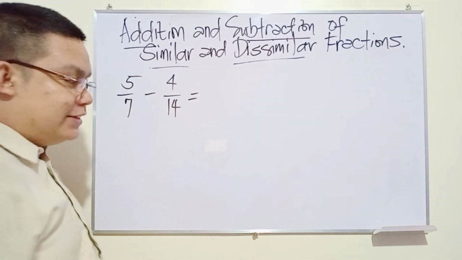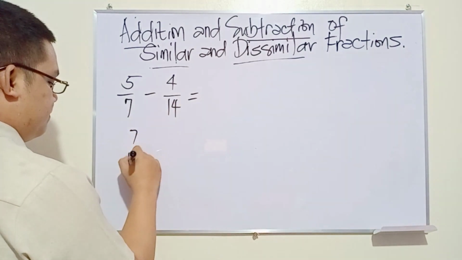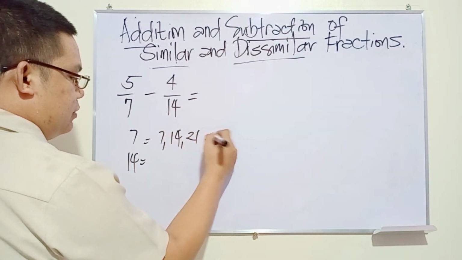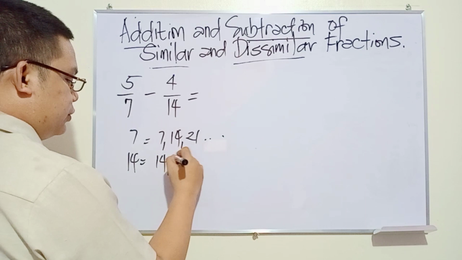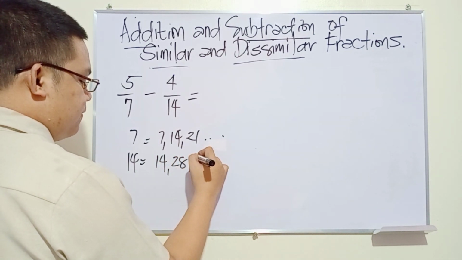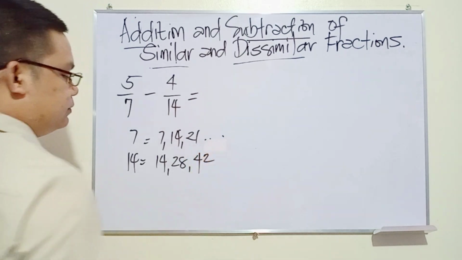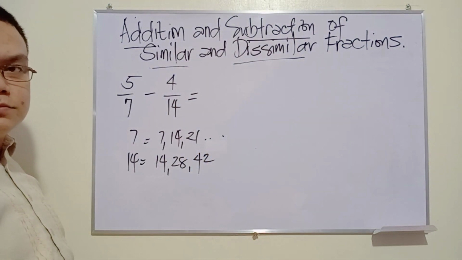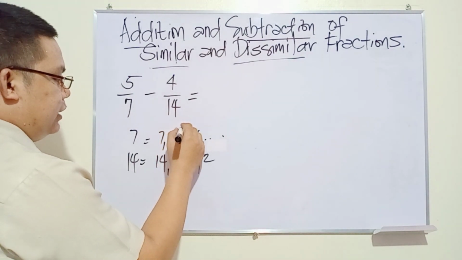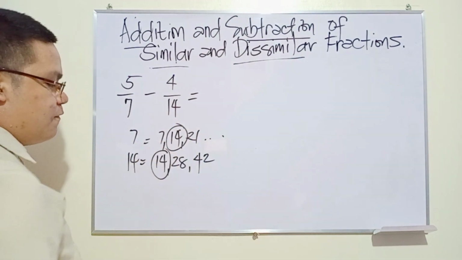So LCD ulit. 7, 14, 21, 14, 28, plus 14, that is 42. Okay? Then, the LCD is equal to 14.